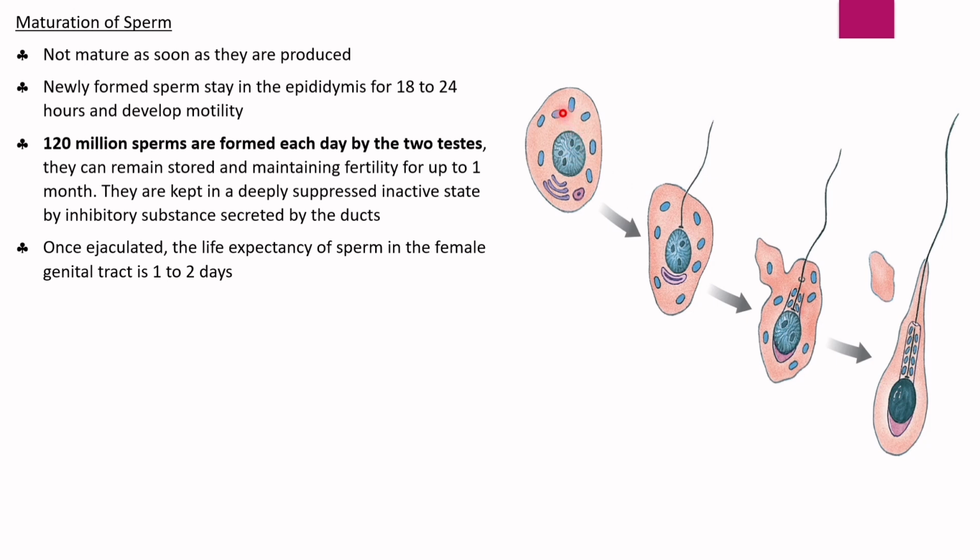Then the mitochondria will form a nice structure, and this structure we call the midpiece. They will be part of the midpiece, and the mitochondria will be arranged properly in this spindle.